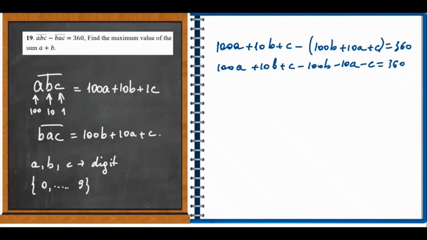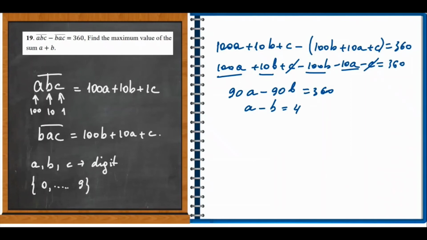Let's collect the like terms. 90A minus 90B, and the C's will be cancelled, is equal to 360. We can divide both sides by 90. A minus B will be 4.